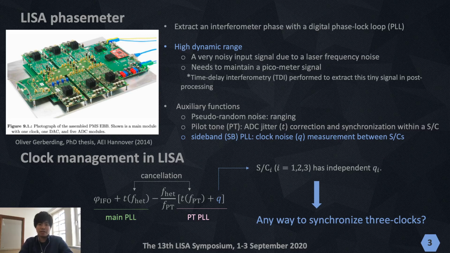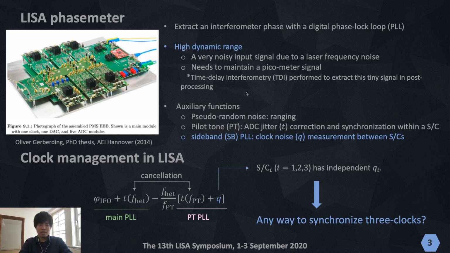Here is a brief introduction of LISA Phasemeter, which is a circuit to extract an interferometer phase with a digital phase lock loop. A very high dynamic range is required for this because the input signal is very noisy due to laser frequency noise, while we need to extract a picometer signal in post-processing with so-called time delay interferometry.